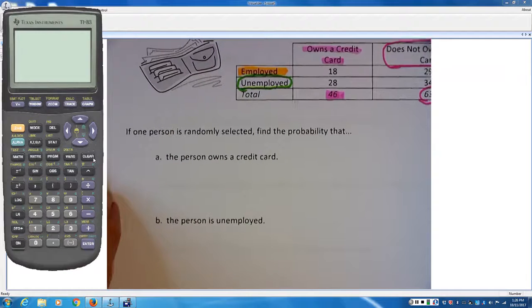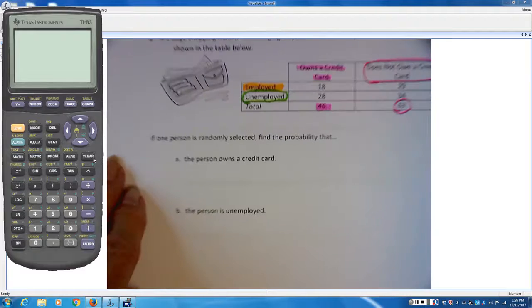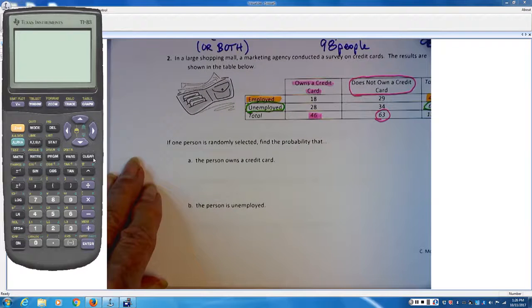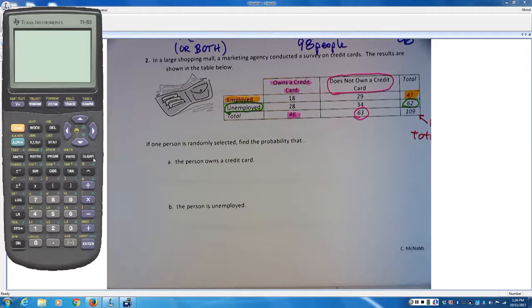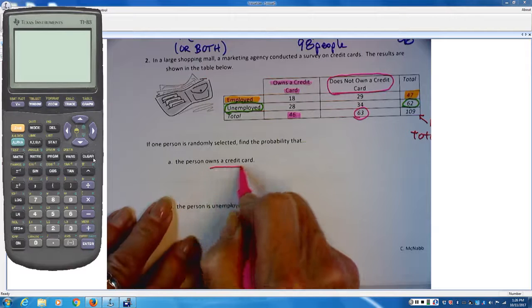So the first question that we have, if one person is randomly selected, find the probability that the person has a credit card. Okay, we're looking at the total number of people that have a credit card.